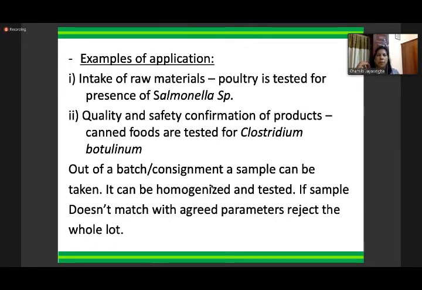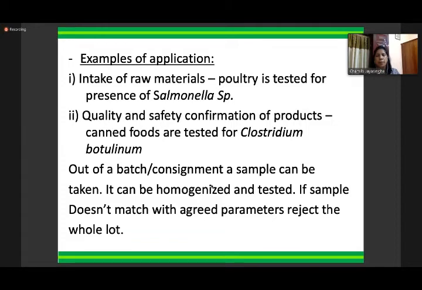If the chicken samples are going to be released, they are not going to check each and every chick. What they do is randomly take a sample and check for Salmonella, and if the Salmonella is positive, then they are not releasing the sample, and they send the sample back. They are not going to put it to the company.